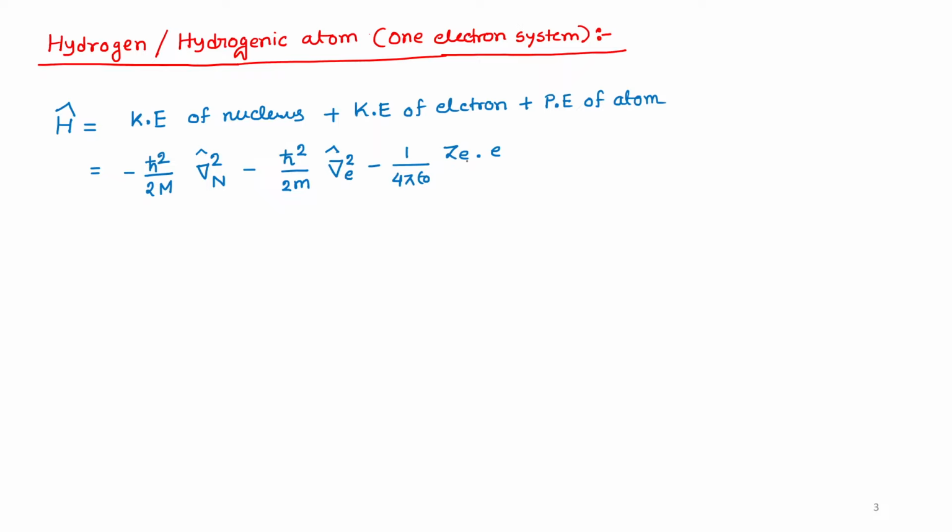Their magnitudes are the same, but the electron has a negative charge and the nucleus has a positive charge.